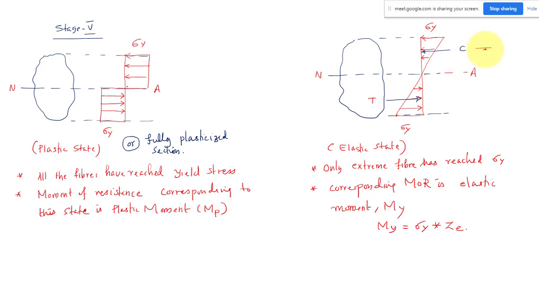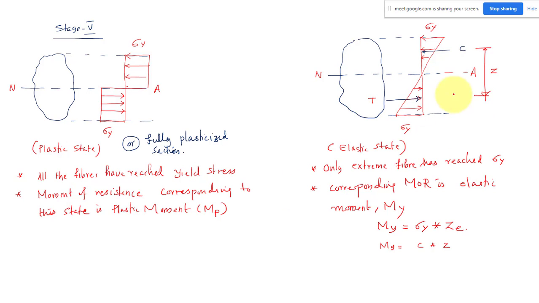I can find out the distance between this tensile force and compressive force, and that is known as your lever arm. So I can find out the moment of resistance, that will be equal to the compressive force into the lever arm, or tensile force into lever arm. Compressive force is equal to tensile force. That we'll discuss later on.